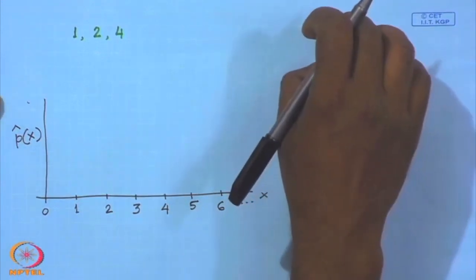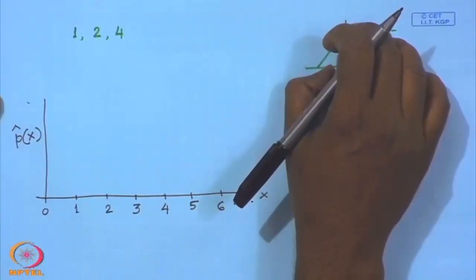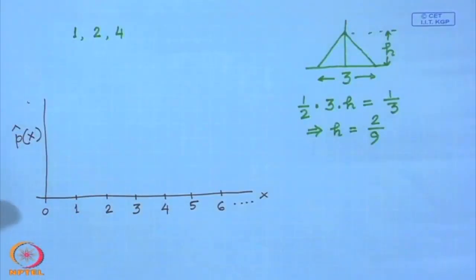So, I have to put one triangular window at location x equal to 1, one window at location x equal to 2, and one window at location x equal to 4. So, let us place these windows.